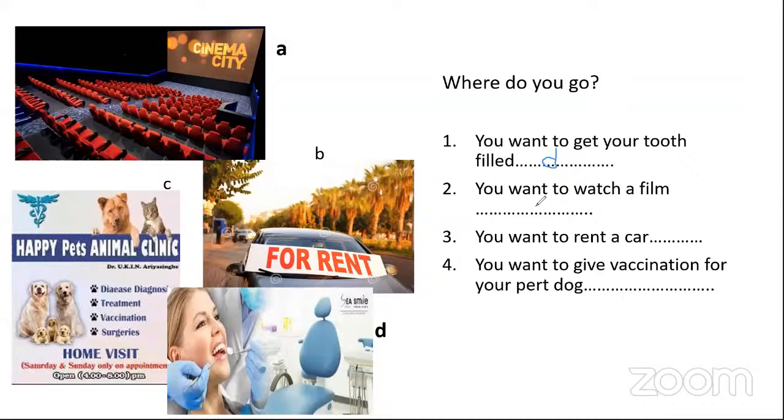Number 2, you want to watch a film. So try to remember what is the place if we want to watch a film, where do we go? What is the answer?